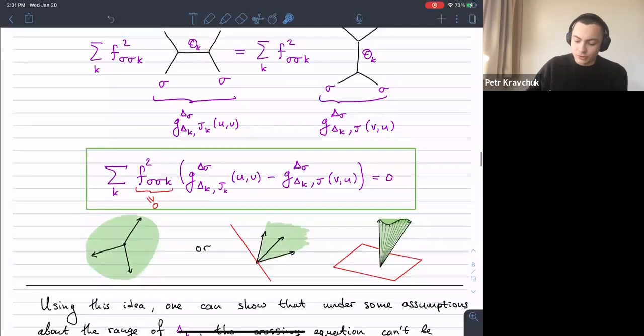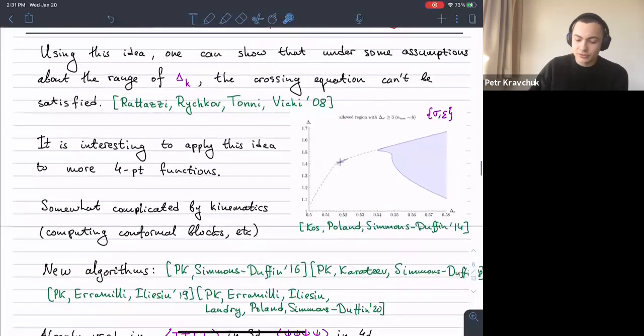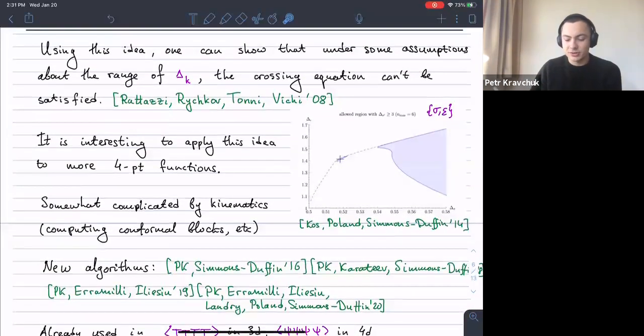The logic is simply that you make some assumptions about delta sigma and about the range of delta k's, and you try to prove, using this strategy, that the equation cannot be solved. This was first proposed by Rattazzi, Rychkov, Tonni, and Vichi in 2008. And this is how these numbers for delta sigma and delta epsilon were obtained.